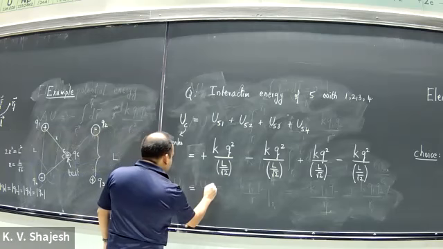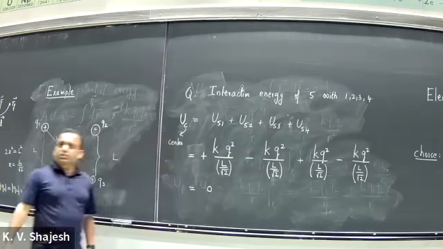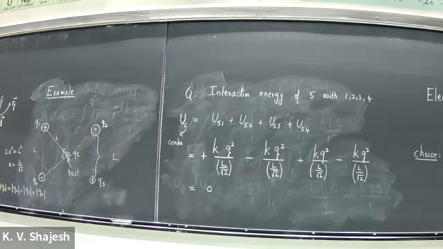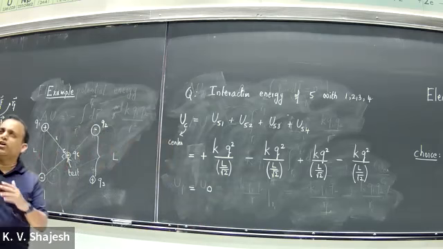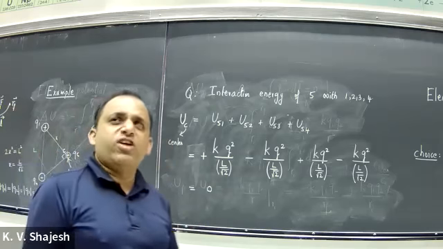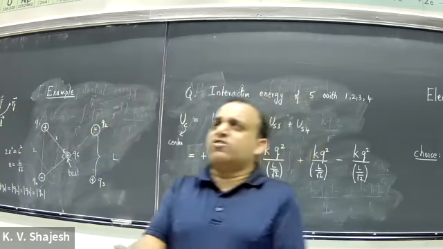And that's equal to 0. And so the potential energy associated with this charge is equal to 0. If the energy is equal to 0, does that mean that the charge is stable there, or will the charge stay the same?